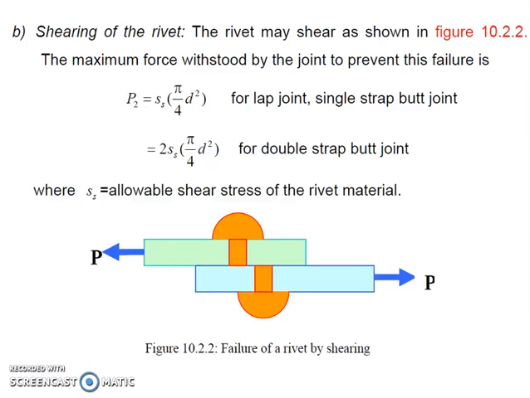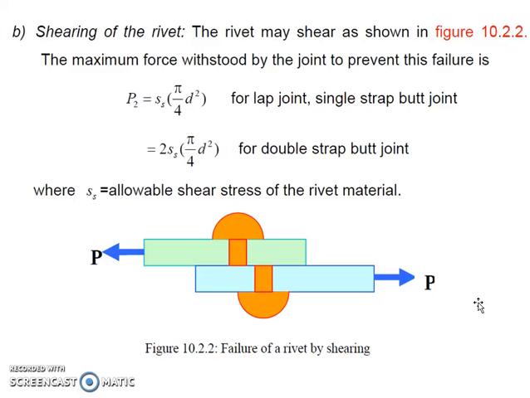Now going on to the next method of failure, which is the shearing of the rivet. Whenever there is a pull, if the plate does not fail, then the rivet is going to take that load and fail.